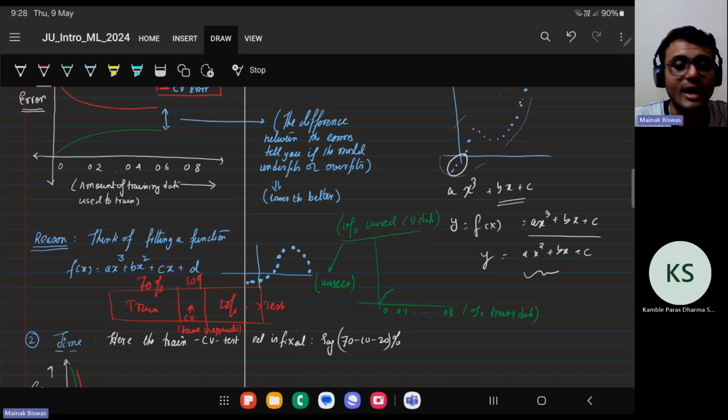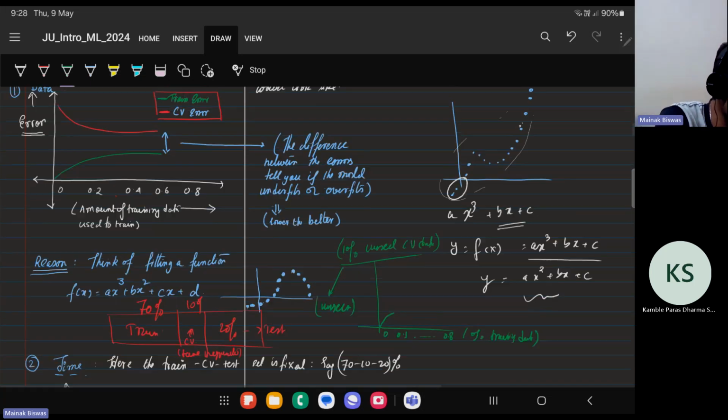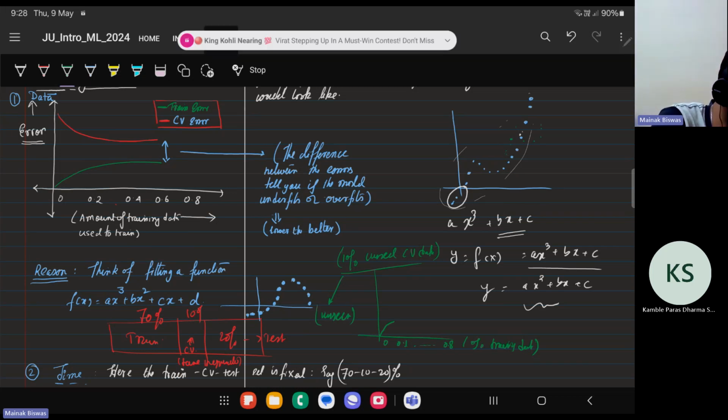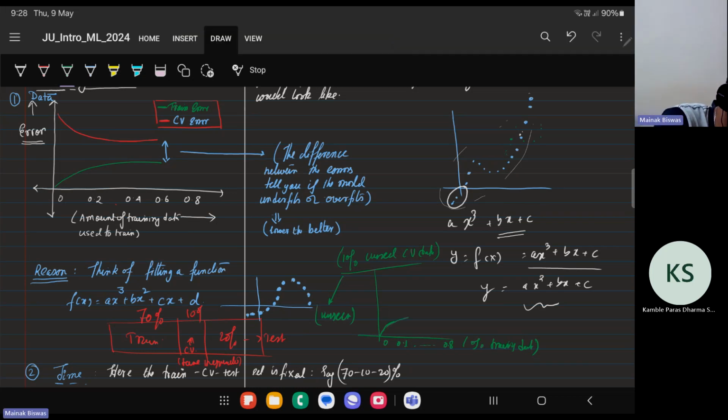As you increase the training set size, your model will find it difficult to learn, so your error will keep on increasing. This is an ideal fit, and it will converge to a training loss. This is the training error.